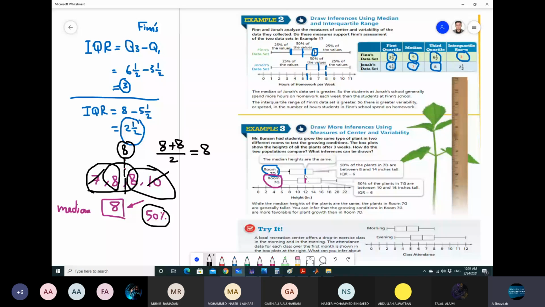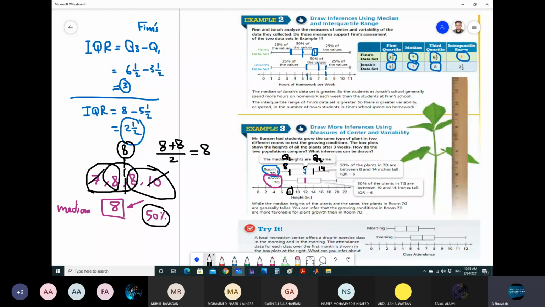So what is the first quartile in the first data set? 8. Excellent. And what is the third quartile? 16? No, this is 14. So here we have 14 and here we have 8. So this is Q1 and this is Q3.